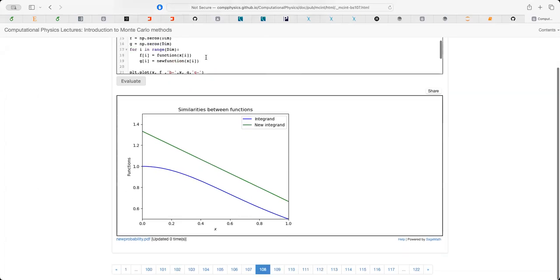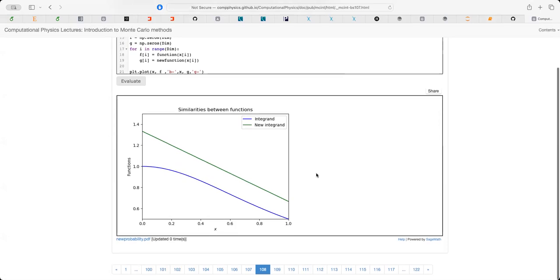The first function is the probability P of X, which I have defined here. And this is the function I want to integrate. So this is my integrand, and this is the new integrand. When I take the ratio between the two, you see that it stays as a constant ratio.